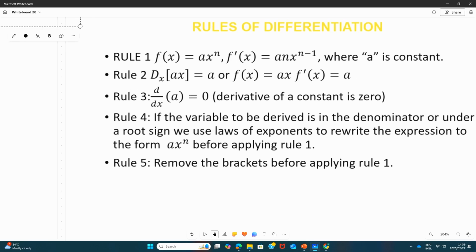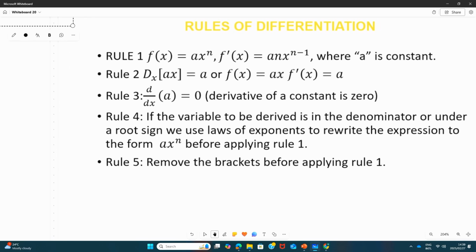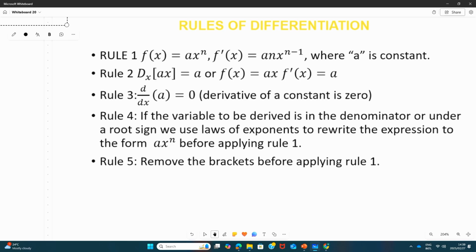And then for rule 4, if the variable to be derived is in the denominator, you need to take note of this one, because that's where the examiners get you. If the variable to be derived is in the denominator or under a root sign, we use laws of exponents to rewrite the expression in the form ax to the power n before applying rule 1.